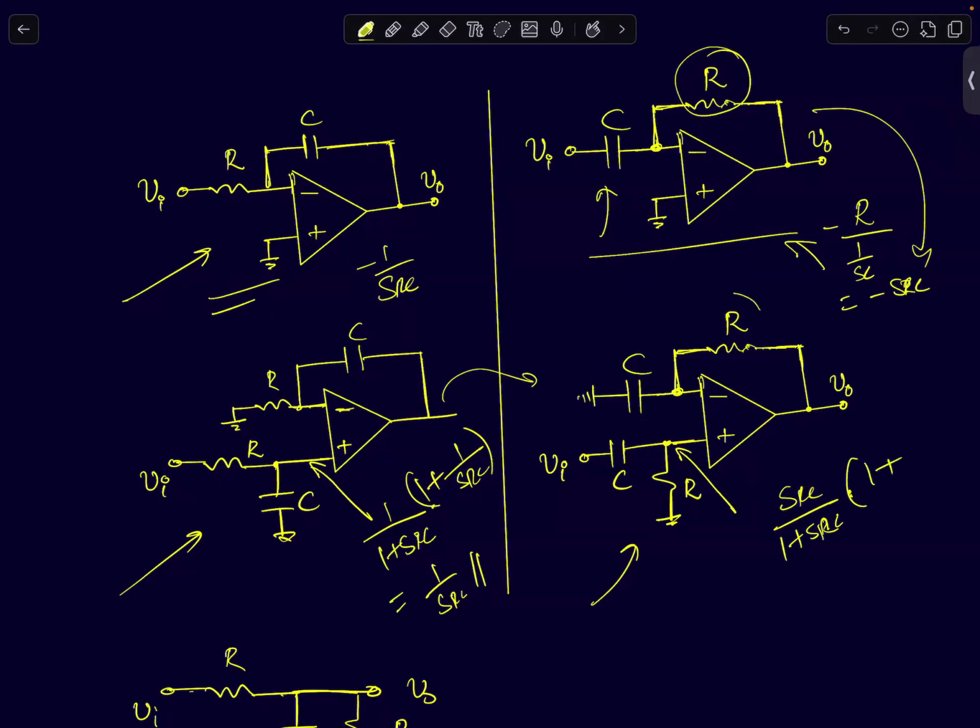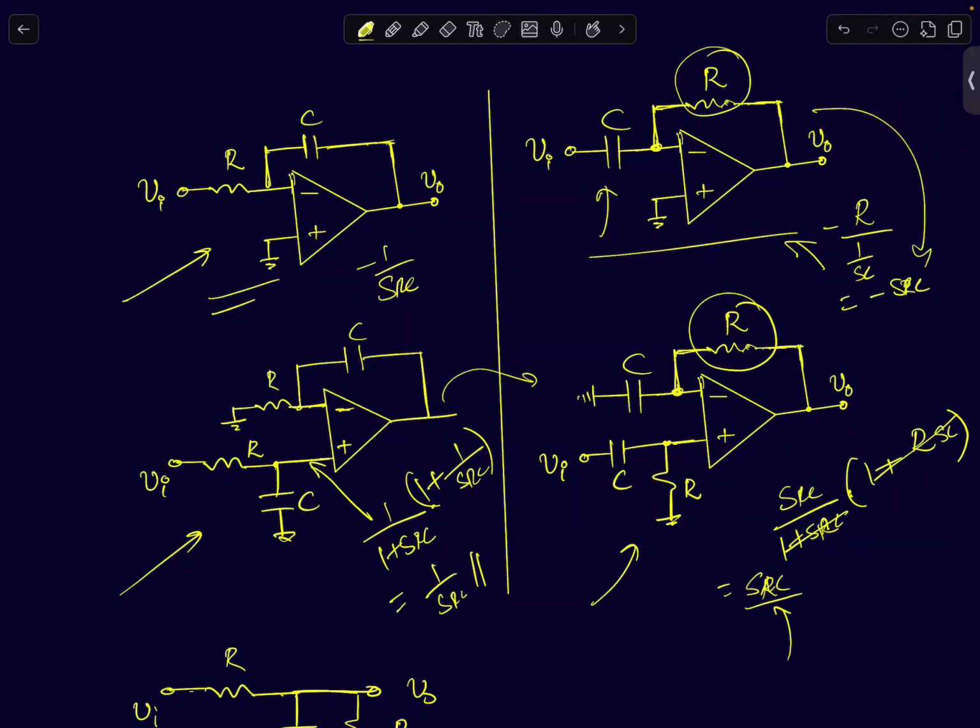Z2 is the feedback resistor R, divided by 1 by SC, so it will be SCR. So these two terms will cancel out and you will get an ideal non-inverting differentiator using a single op amp.